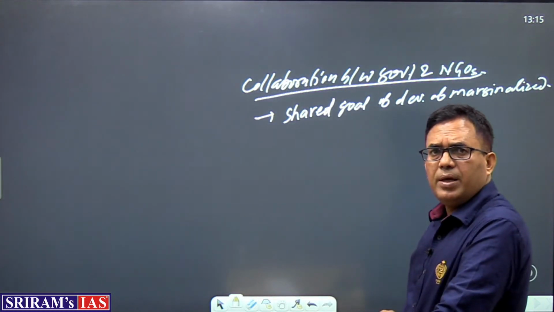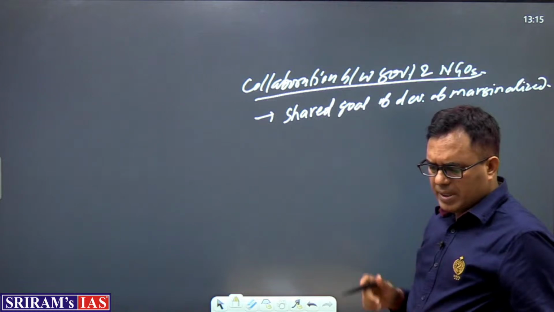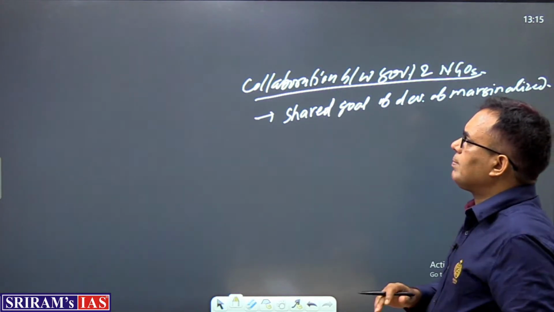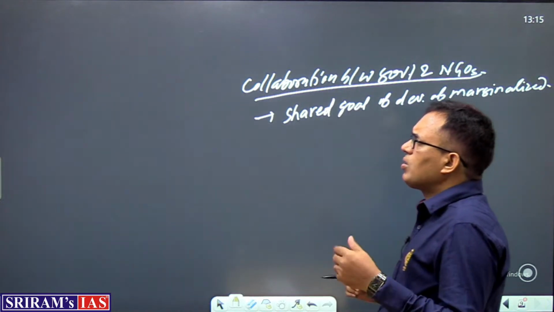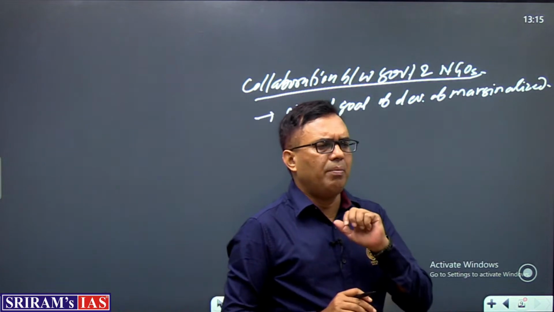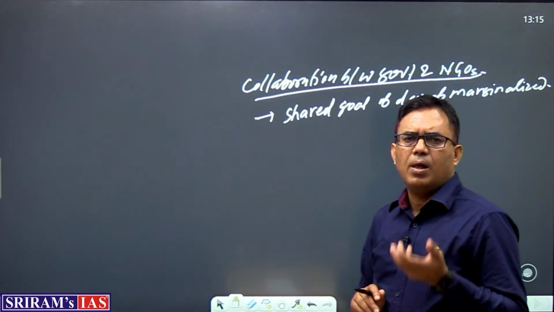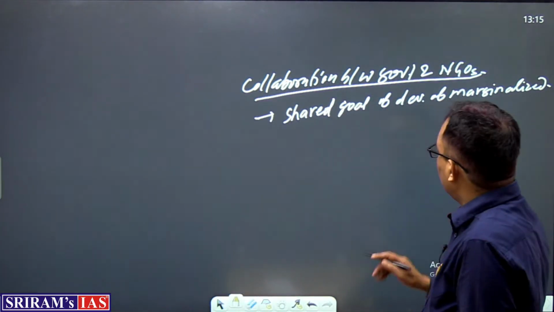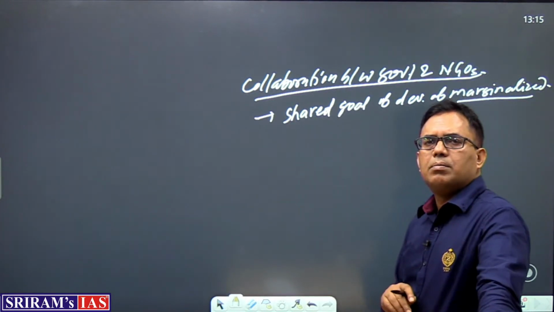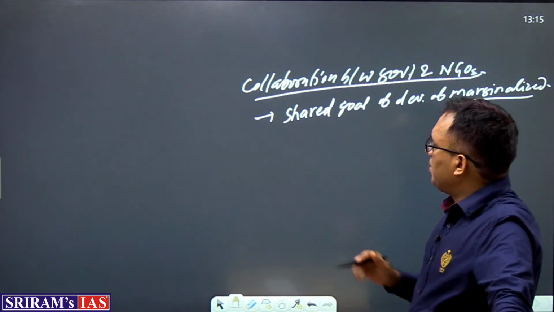Number one, it would be there. Second, consider government has also a goal to develop the weaker section. NGO also mainly consider service providers to the poor people. So, they can go for the marginalized people, helping the marginalized people.